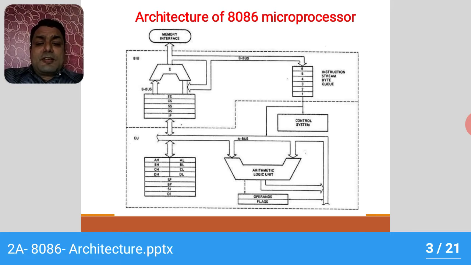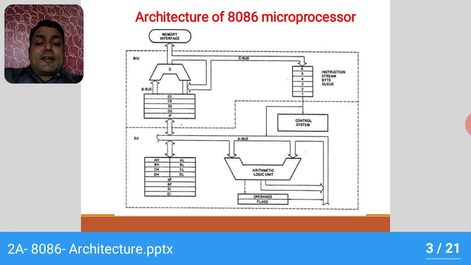Special purpose registers are known as segment registers, pointers, index registers, or offset storage registers for particular addressing modes. These are the special purpose registers, which you can see in the architecture diagram. The 8086 registers are classified into general data registers, segment registers, pointers and index registers, and flag registers. That means the register set of the 8086 can be categorized into 4 groups.